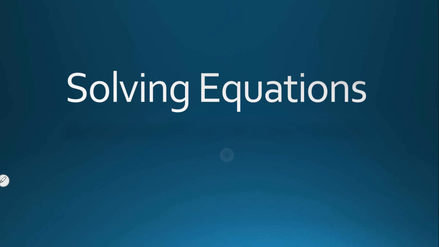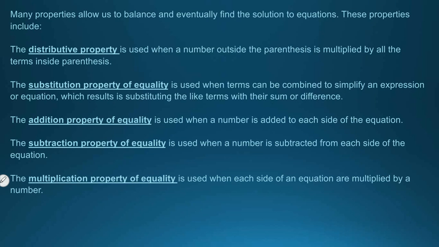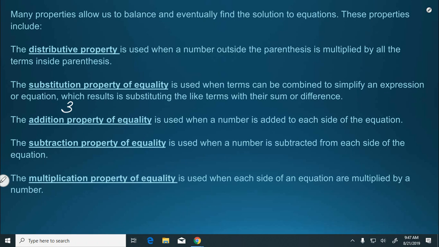Another property is the substitution property of equality, which is used when terms can be combined to simplify an expression or equation, which results in substituting the like terms with their sum or differences. So for example, if you have 3x minus 10x in an equation, that can be switched to negative 7x.